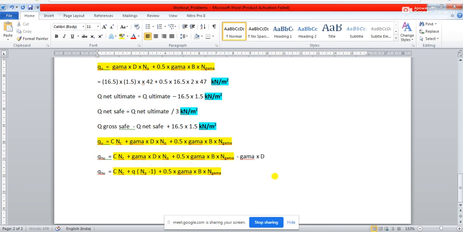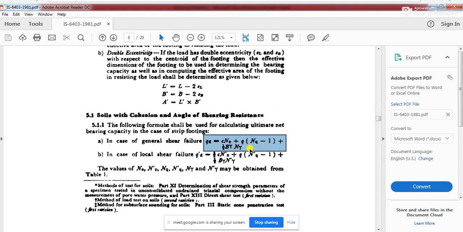So q is equal to gamma into D, which is nothing but surcharge, or we can say overburden. So this surcharge weight or overburden weight is replaced by q. This is the form the code has adopted, so there is nothing to get confused about in this formula.